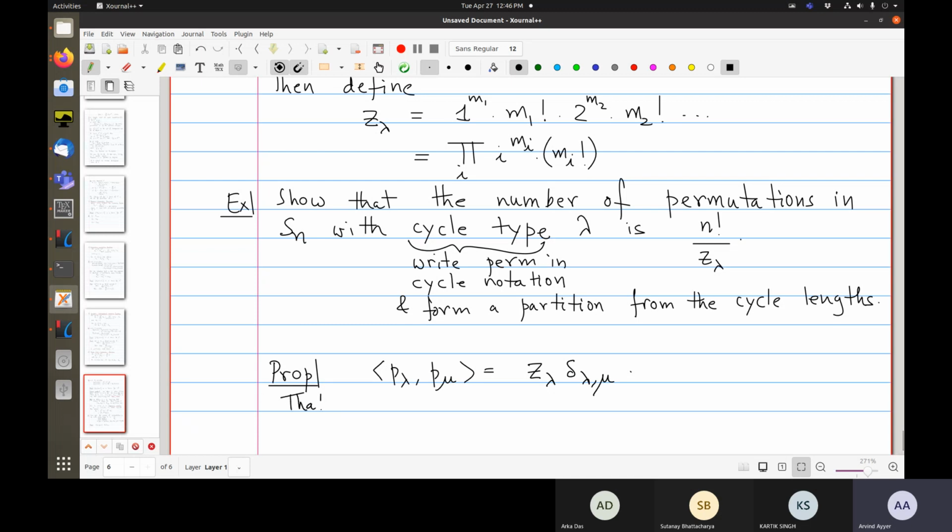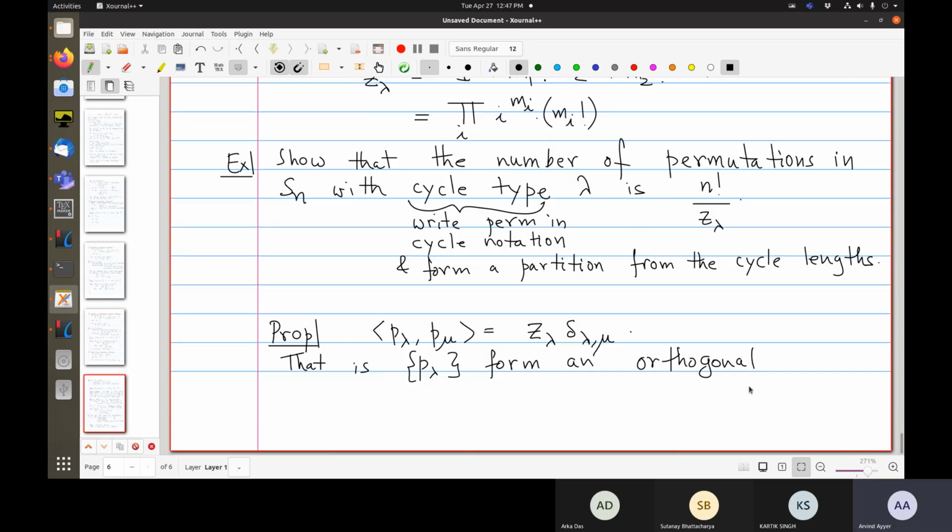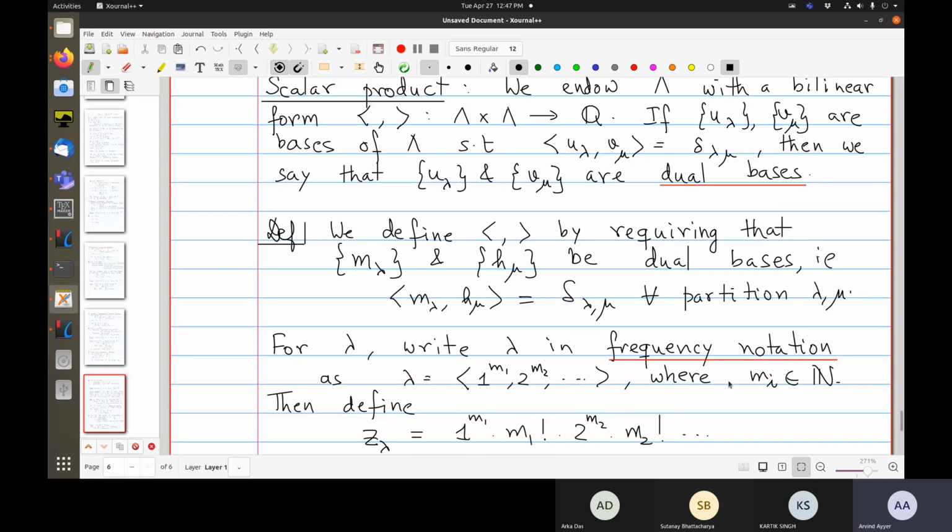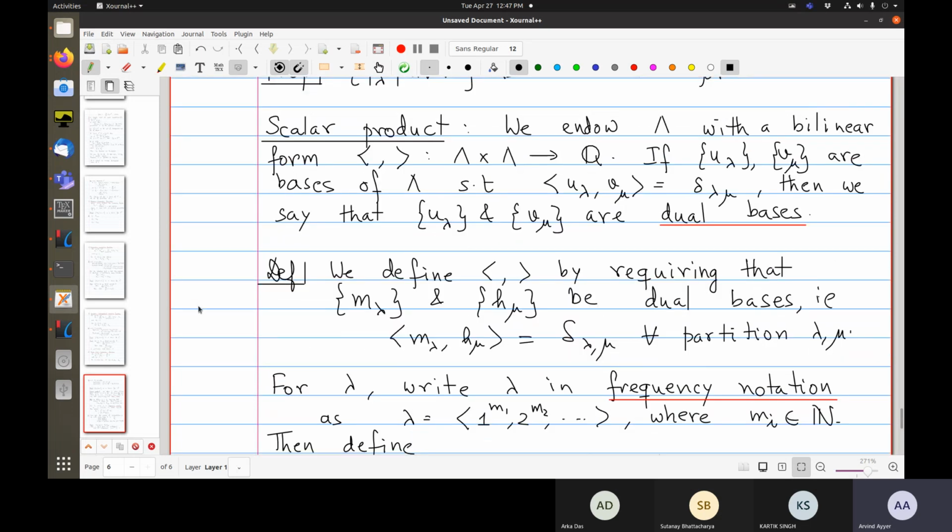That is, p lambda is self-dual, so they form an orthogonal basis, but not orthonormal. So I should have said this is called the Hall inner product, sometimes called the Hall.